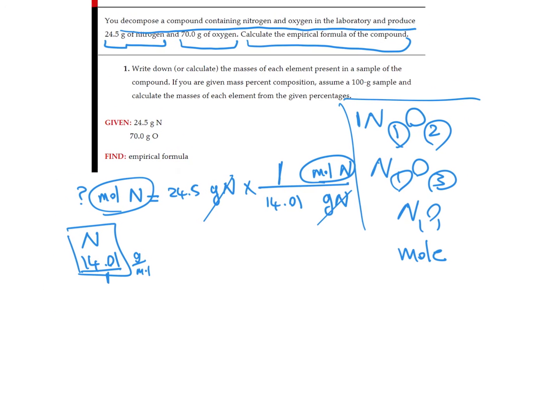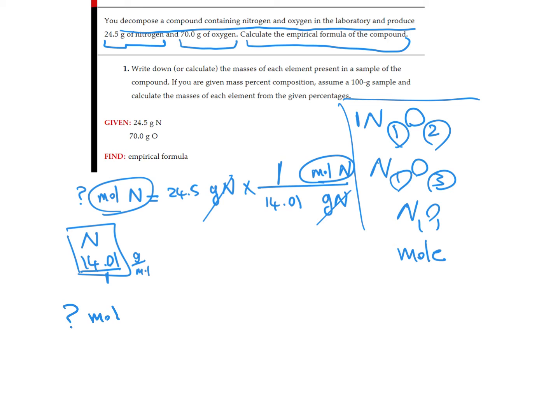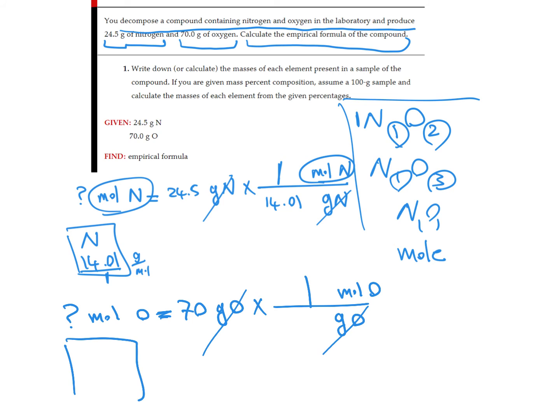And you do the same for oxygen. It equals 70 grams of oxygen, multiplied by grams of oxygen in the denominator and moles of oxygen in the numerator. And what is the mass of 1 mole of oxygen? 16, right? Or 15.999. Whichever you put, you get the same answer. So this also gives you moles of oxygen. Is that clear so far?